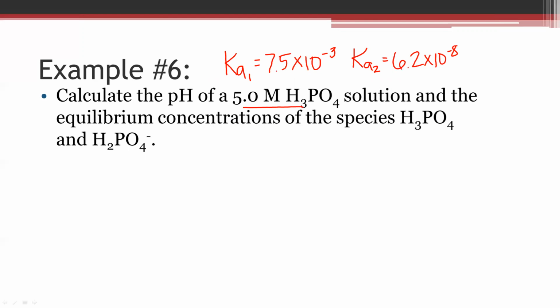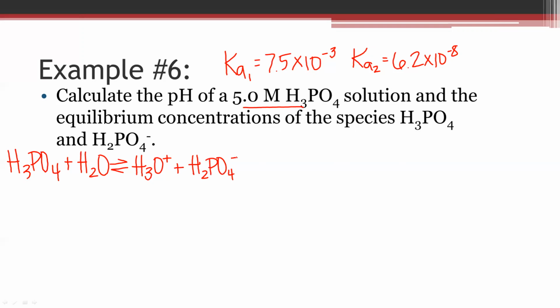For the first acidic proton, the phosphoric acid is going to react with water to form the hydronium, and H2PO4 negative is going to be our first conjugate base, because we've lost one H and decreased the charge by 1.